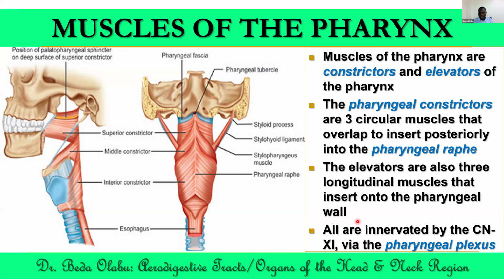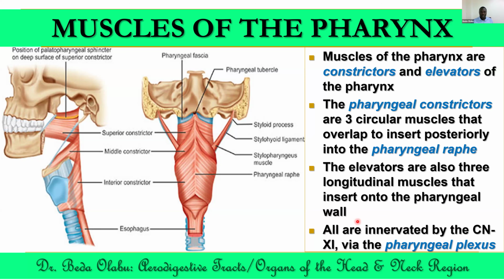Even if you look at it that way, we note that most of this pharyngeal musculature, their motor innervation is actually being derived from the cranial accessory component of the pharyngeal plexus.